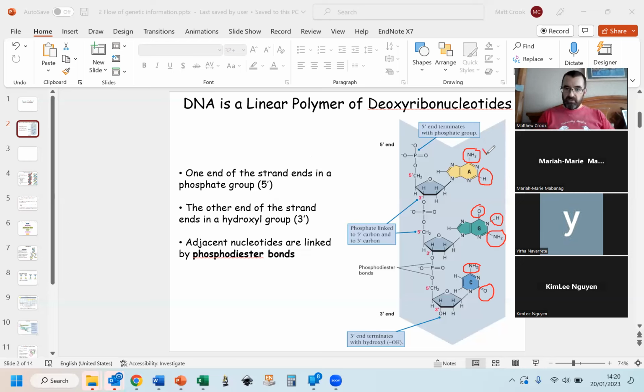Let's see if I can. And they're always drawn with these vertical dashed lines, like so. Better than that, obviously. Okay, so one of the benefits with DNA of having hydrogen bonds hold those.